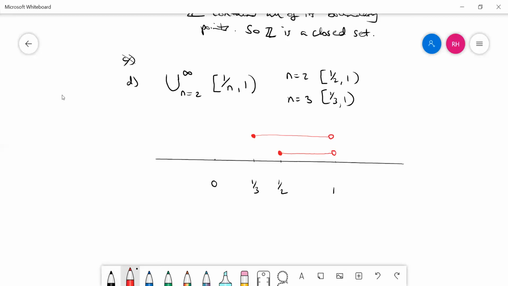Okay, and let's do n equals 100. I mean, obviously you've got to do all of them. It's a union of all of these, but I'm trying to just illustrate what's going on here. So for that, we'd go to here, which is 1/100th, and we draw that in.